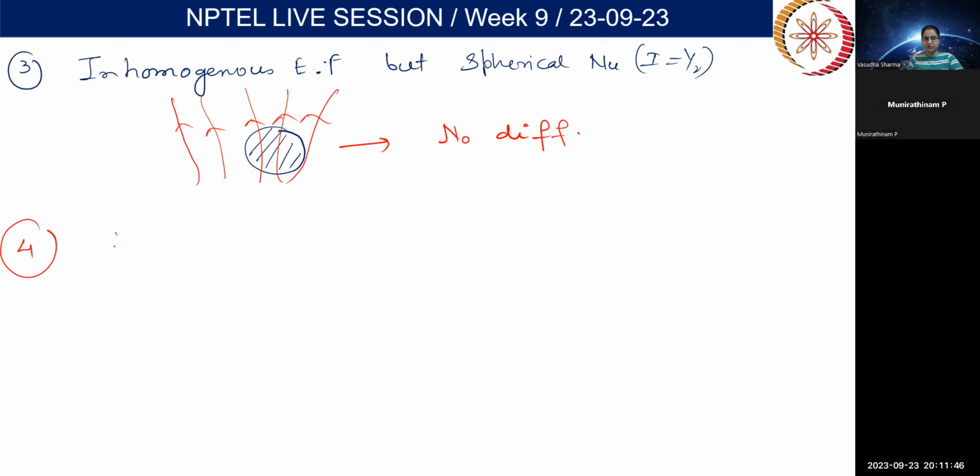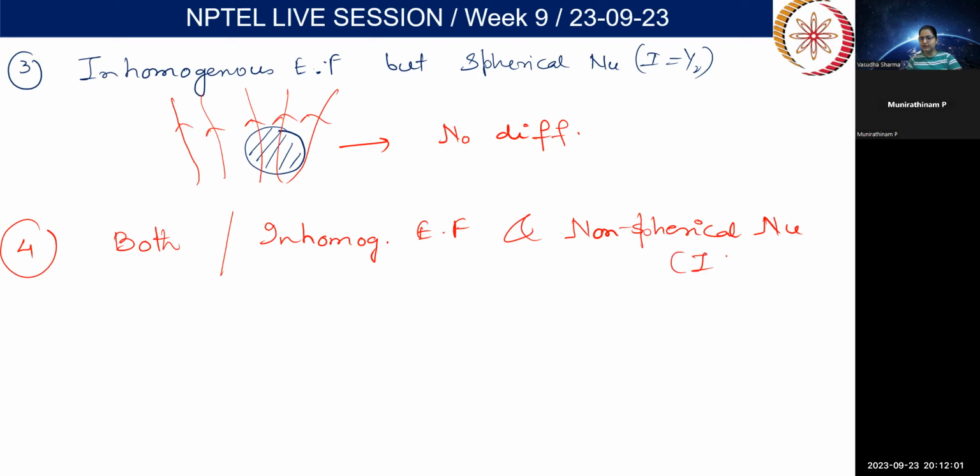Whereas the last and important case is where both are present: an inhomogeneous field and a non-spherical nucleus, that means I greater than half.